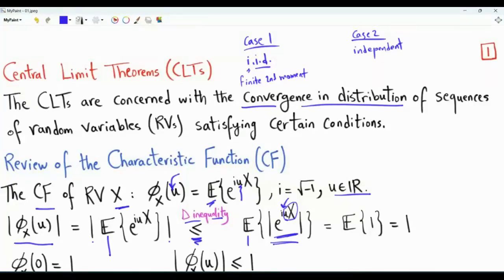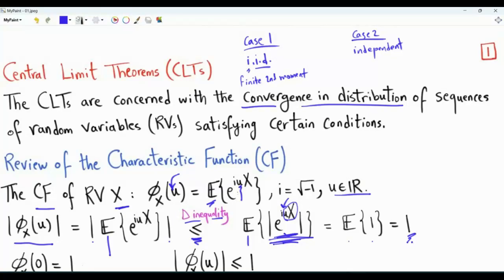That's a complex number that is on the unit circle in the complex plane. The magnitude of such a complex number is unity. So this magnitude is equal to 1. The expectation of 1 is 1. This means that the magnitude of the characteristic function is always less than or equal to 1. It's never infinity.